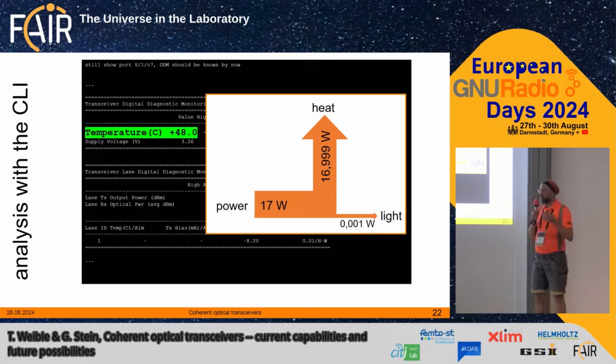The major electricity, the major watts, are converted to heat, and only 0.001 watt is converted into a light level, which actually is 0 dBm, which is a really low level of light we get there. And therefore, because we have heat, we have to monitor and take care about the temperature quite well, because otherwise we will overheat the whole thing.